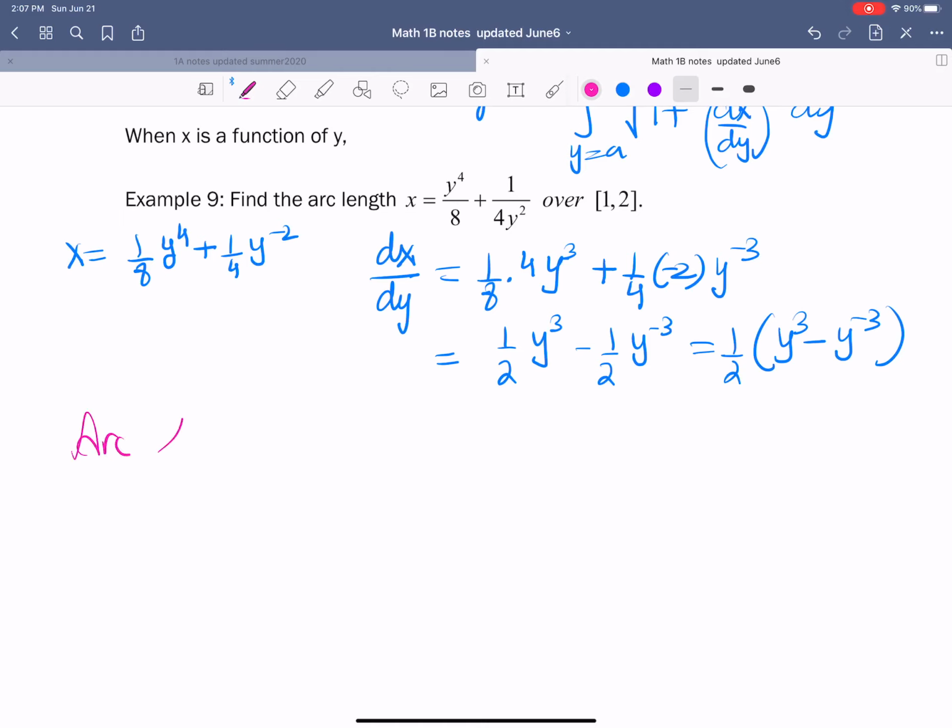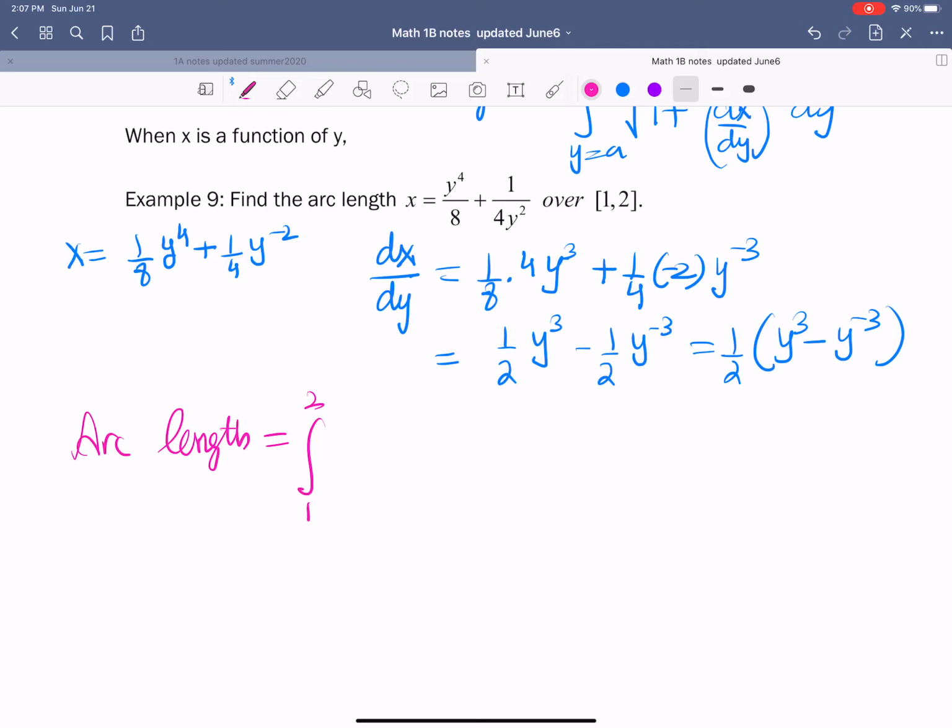So I'm going to say arc length is going to be from 1 to 2. These are going to be our y bounds. We'll check that in a minute.